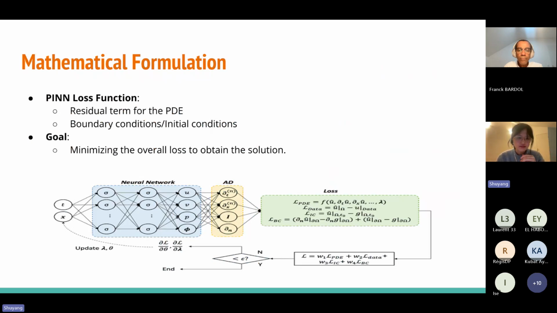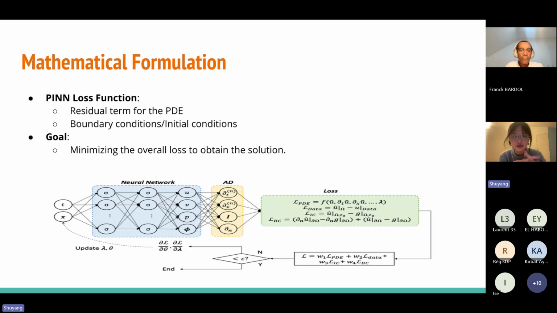In the basic case, the loss function contains two parts. I say basic case because in some more complicated equations, researchers can introduce other forms to help the solution converge more. But let's stay in the simplest case. So the loss function contains two parts.